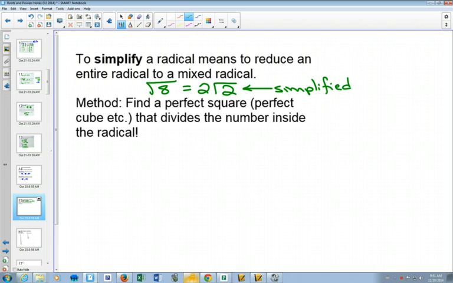Another example could be the cube root of 16 is equal to 2 cube root of 2. And that side would be considered simplified.